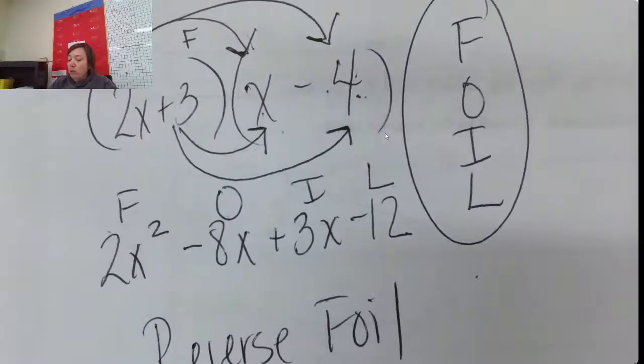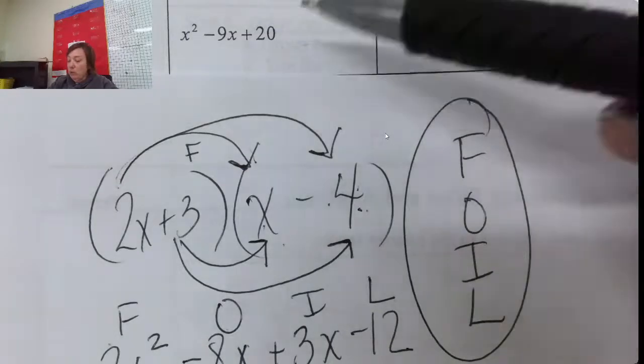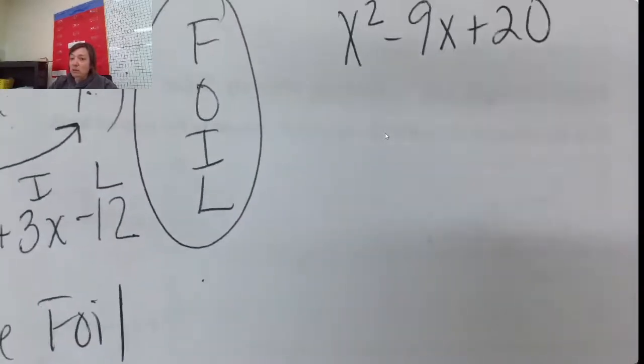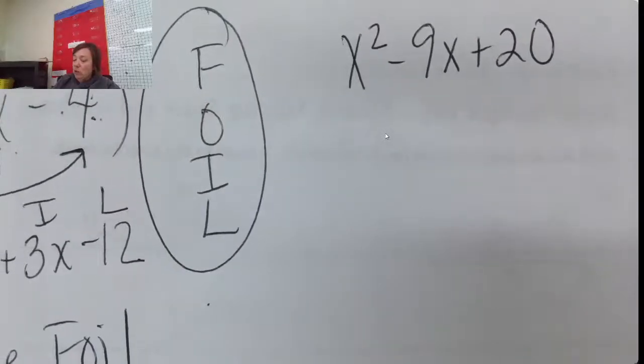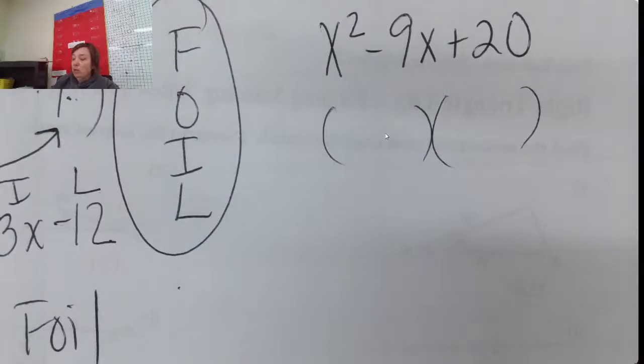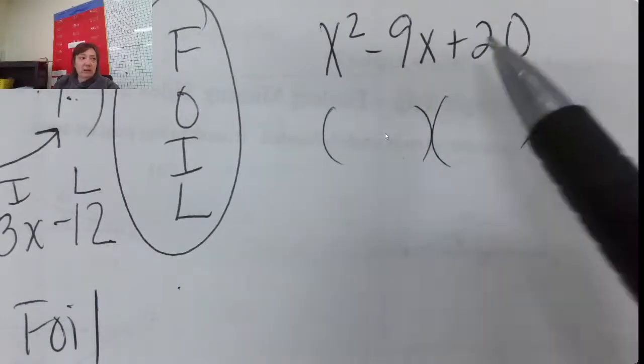So whenever we look at this x squared minus 9x plus 20, I'm going to write it on this paper, right? And we're trying to break this down into factors. We're looking for what two binomials we could multiply to get that. Like what could we multiply here so that it turns into that?